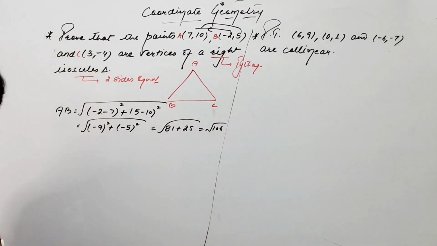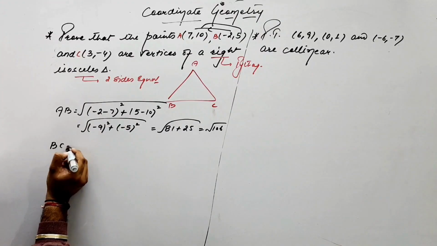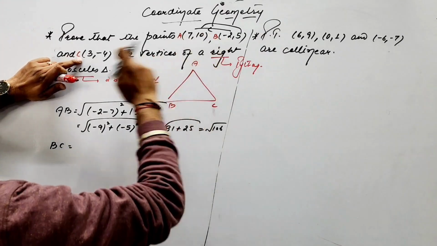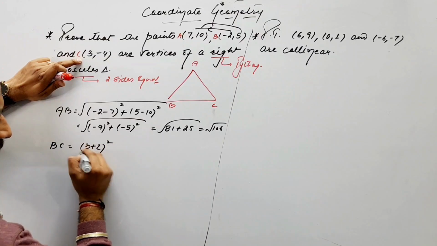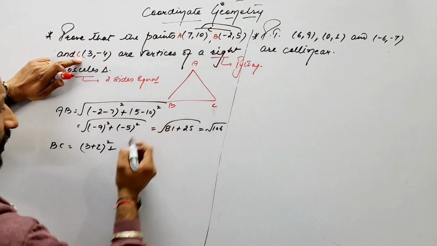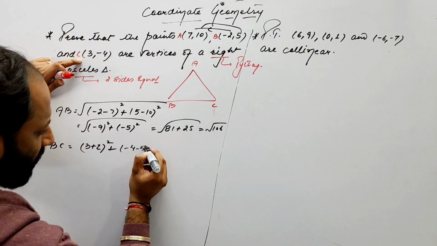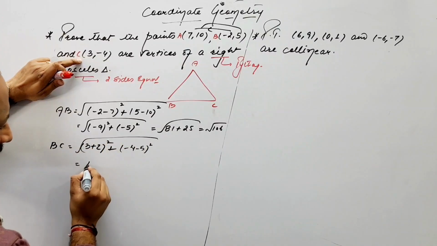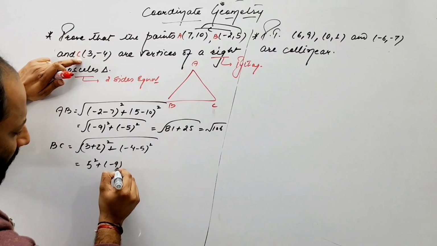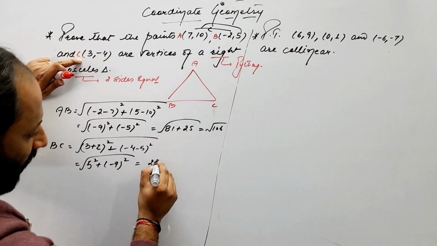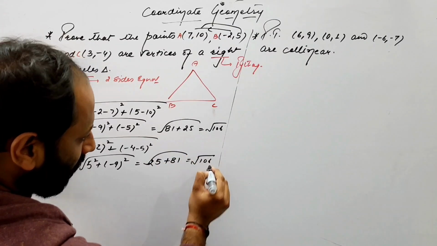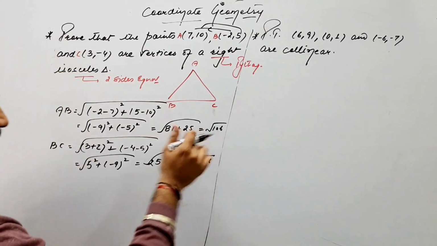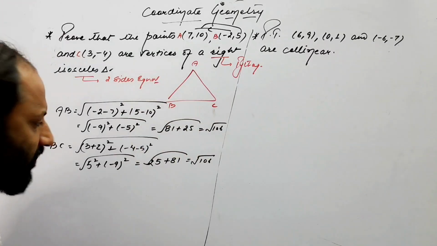Root 106 is there. Now BC, here we have CB, (3 minus minus 2) square plus (minus 4 minus 5) square, 5 square plus minus 9 square, 25 plus 81, 106. Isosceles is done. Two distances are equal.